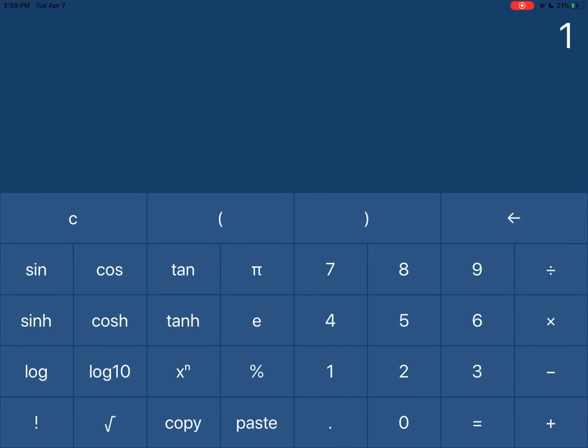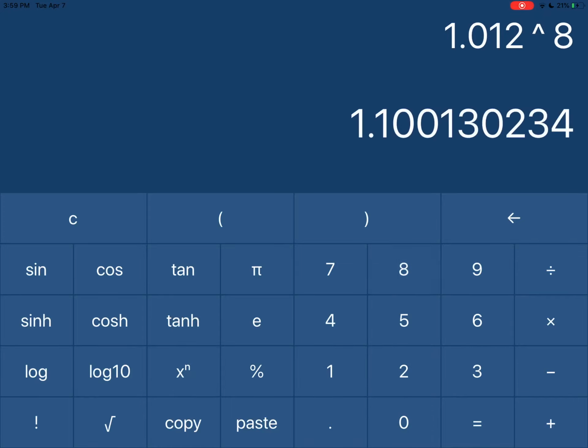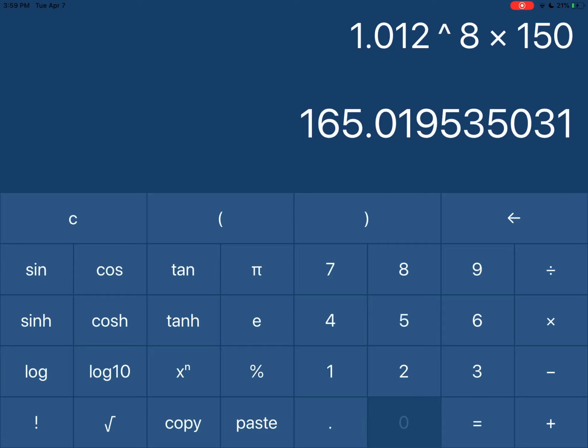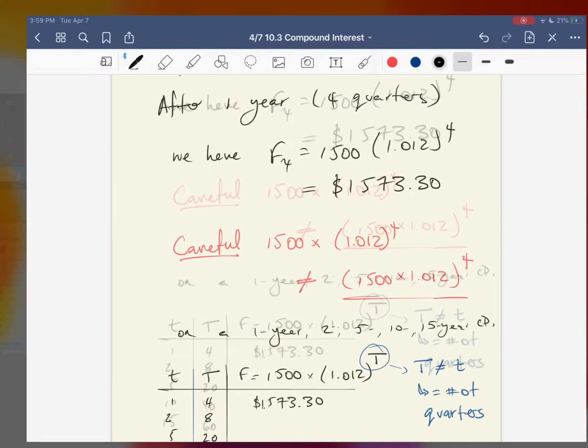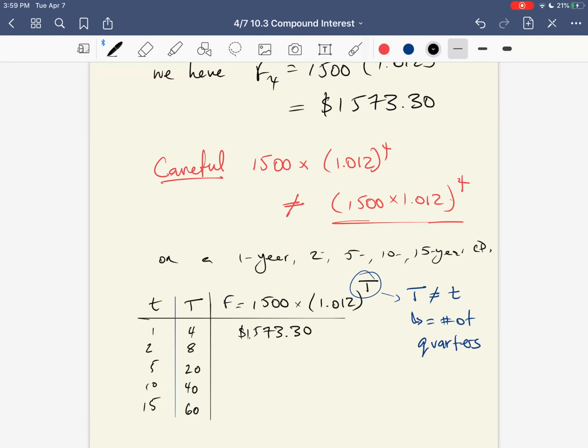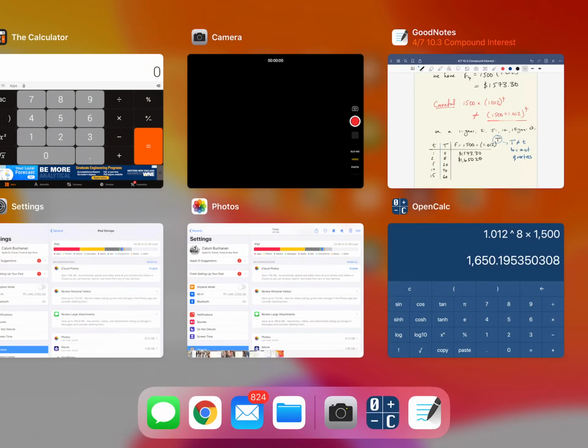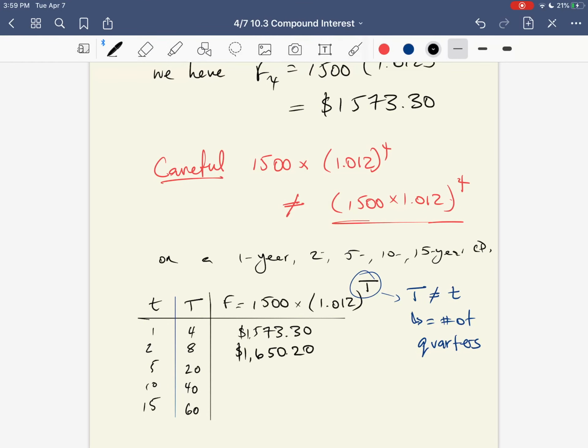So now we do 1.012 raised to the 8th. Multiply that by 1,500. And we get $1,650 and 20 cents. And the other ones I had written down still.